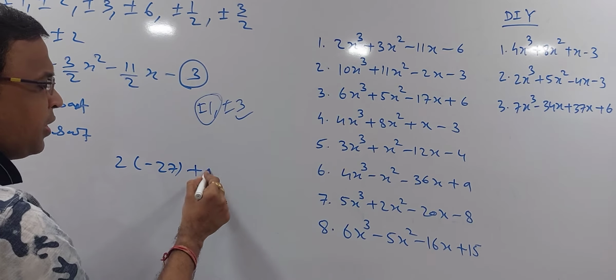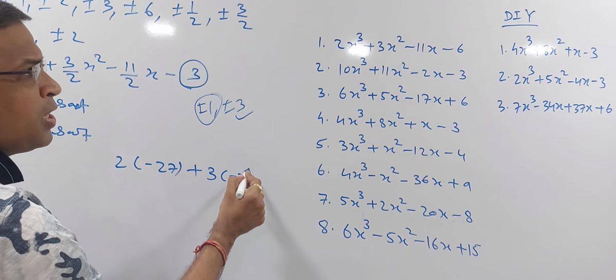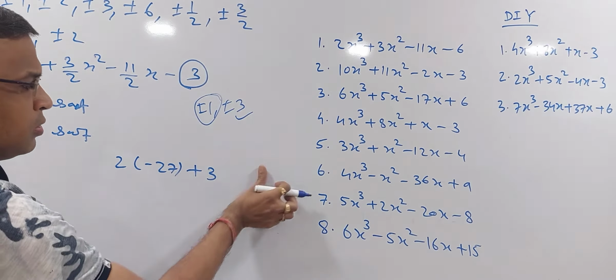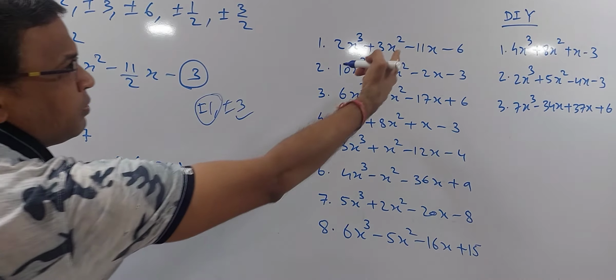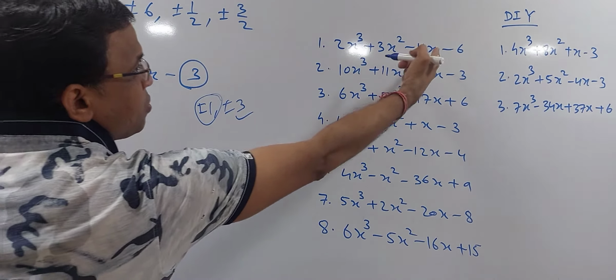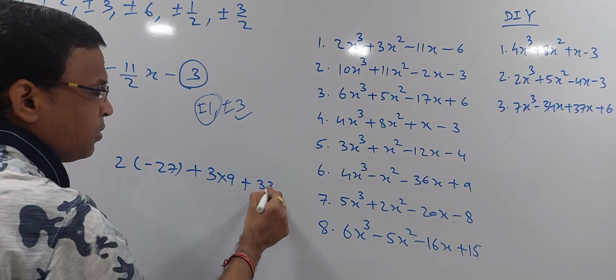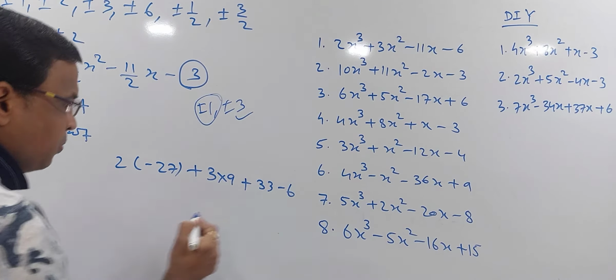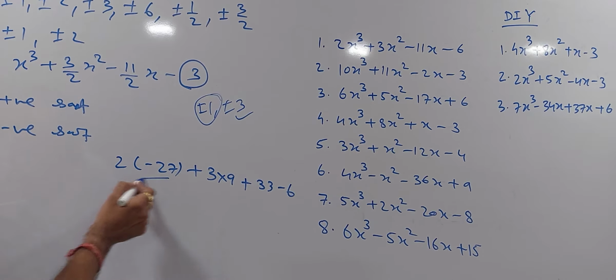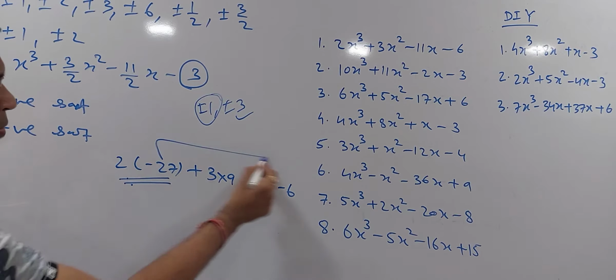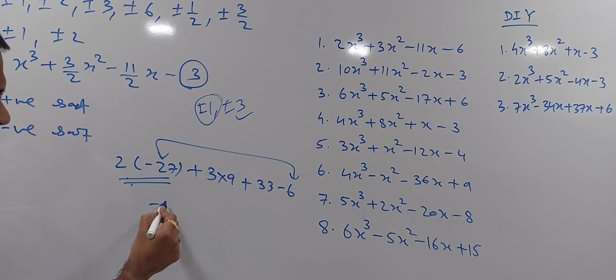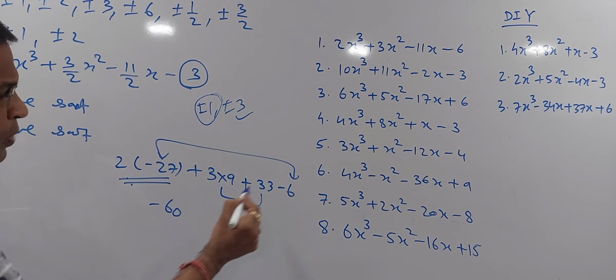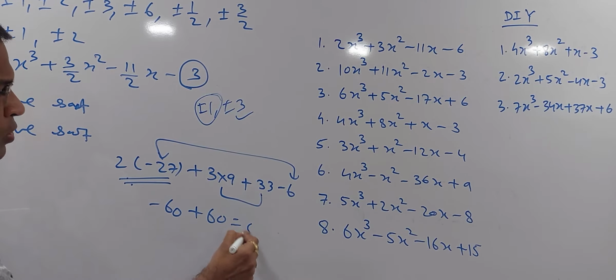Then plus 3 into minus 3 square, which is plus 9, so plus 27. Then minus 11 into minus 3 is plus 33, and then minus 6. So this is minus 54, minus 6 is minus 60, and 27 plus 33 is plus 60. So that's it, you got it.